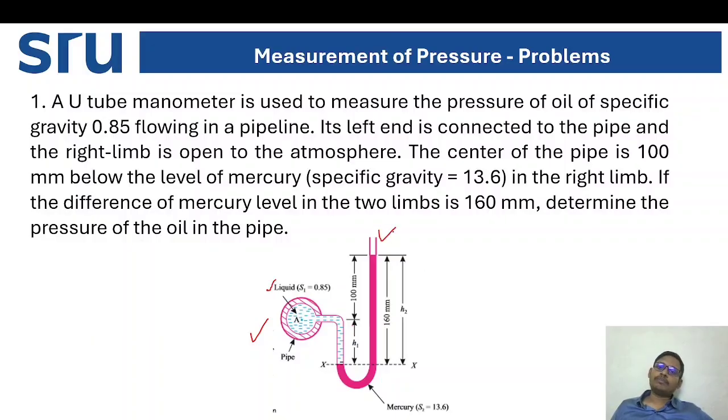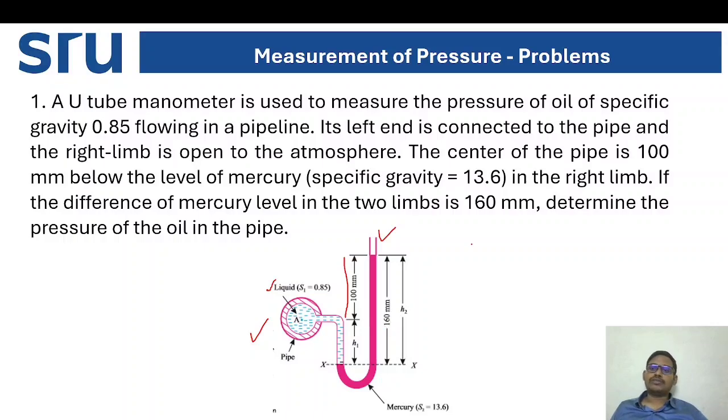The center of the pipe is 100, so here to here the distance is 100 mm. It should be in mm. Below the level of mercury, that is 13.6. Here they are telling H1 and this is H2.